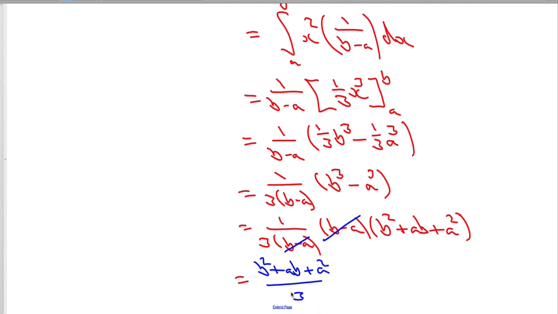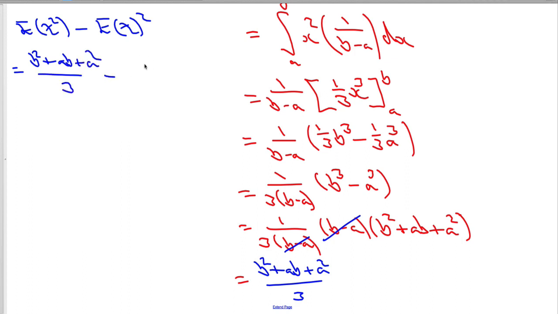Now that's the expected value of x squared. So I need to now take away the expected value of x, squared. So the expected value of x squared is b squared plus ab plus a squared all over 3 minus, and the expected value of x is b plus a over 2.